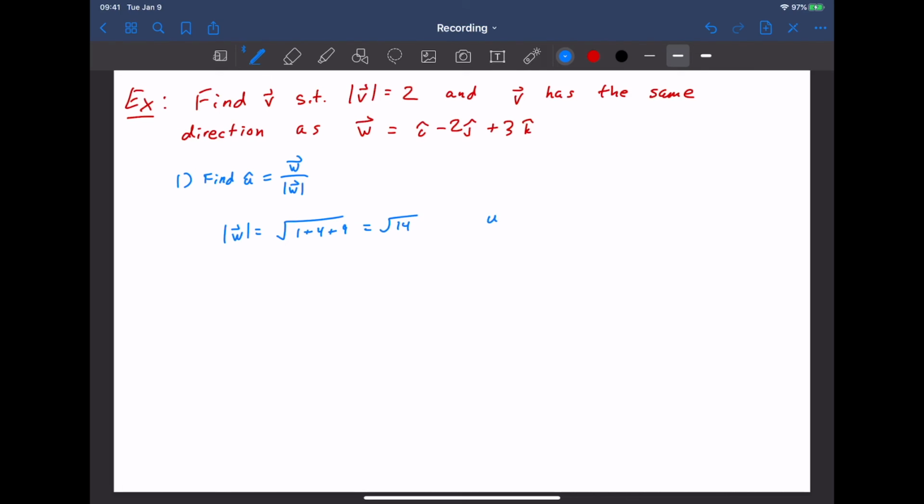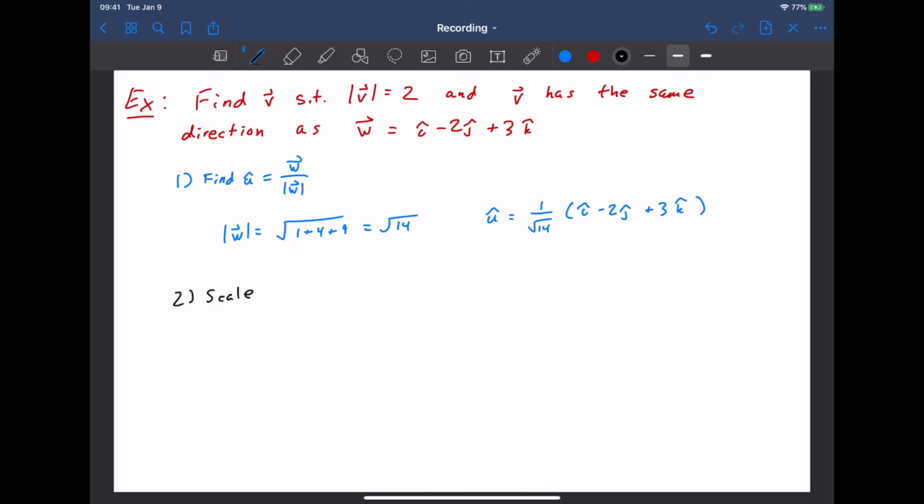And so the unit vector, the pure direction, would be 1 over root 14 times i hat minus 2j hat plus 3k hat. So again, the unit vector has a length of 1. So all I need to do now is to scale. And how do I scale it?